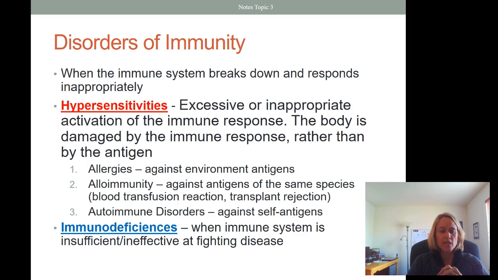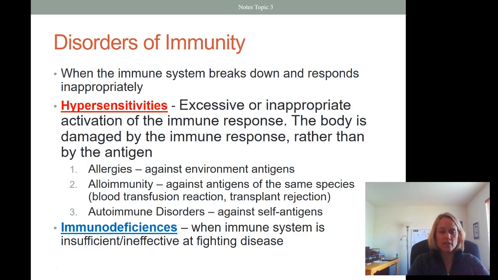This includes allergies, which are against environmental antigens, alloimmunities, which are against antigens of the same species, such as we would see with an incompatible blood transfusion reaction or transplant rejection. And then autoimmune disorders is when the body attacks self-antigens displayed on self cells.